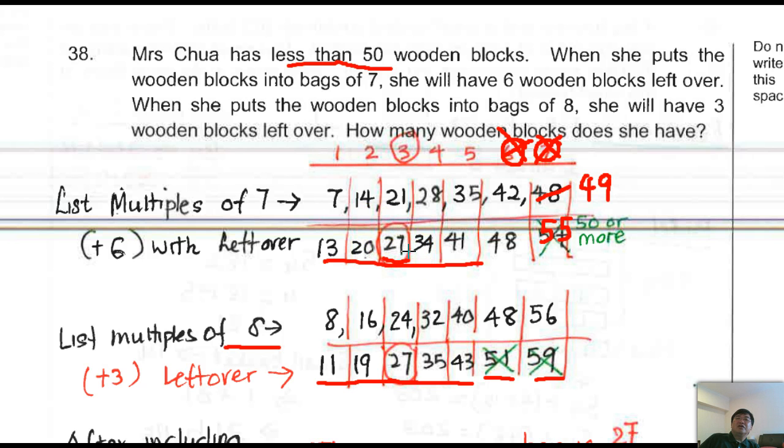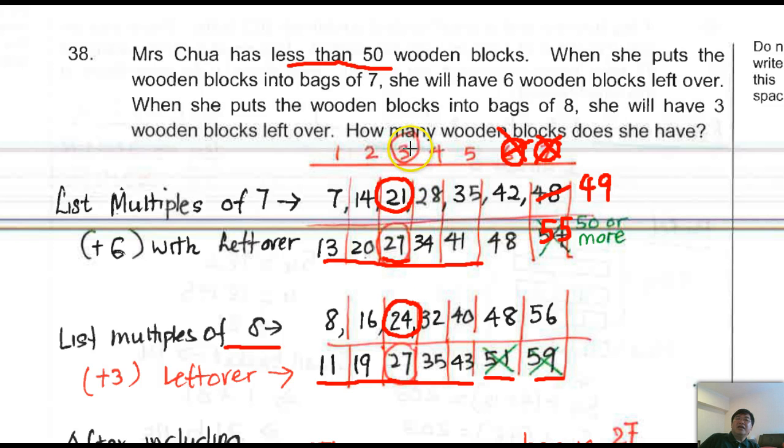If she divides them into bags of 7, she would have 3 bags. Okay, and total is 21. Okay, add the 6, she has this 27, right? Now if she divides into bags of 8, she would have a total of 24 inside 3 bags.